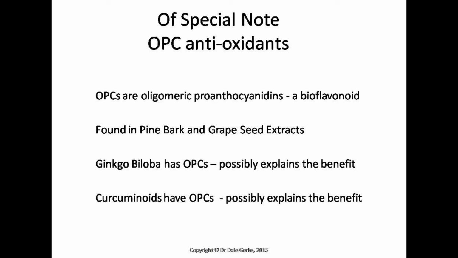They come from other sources as well, but they're the most commercially available. But it's now found that ginkgo biloba and curcuminoids also have OPCs involved, and we also know that extracts from ginkgo biloba and curcuminoids can be very beneficial for health. So OPCs are very much recommended by me.